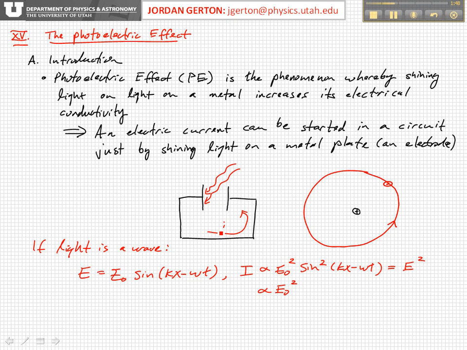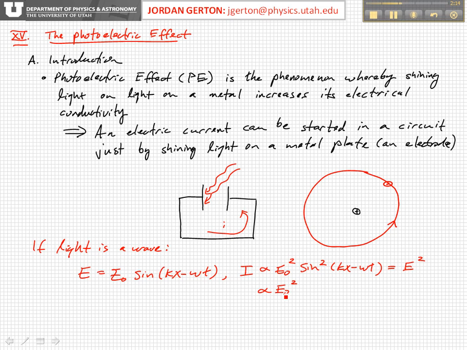In the context of light as a wave, we would expect there would be some threshold intensity, some threshold electric field amplitude, that would result in any current at all. If we had less than that intensity, we wouldn't get any photoelectric current.